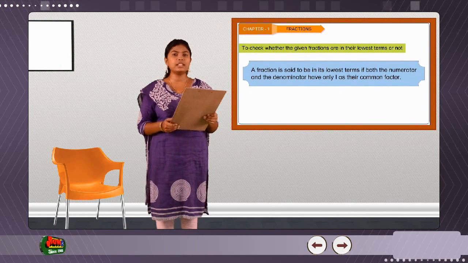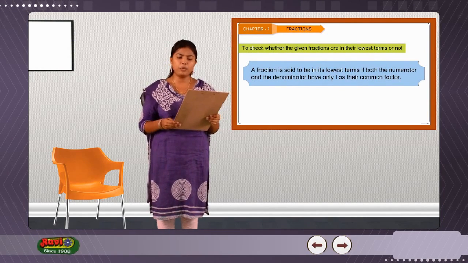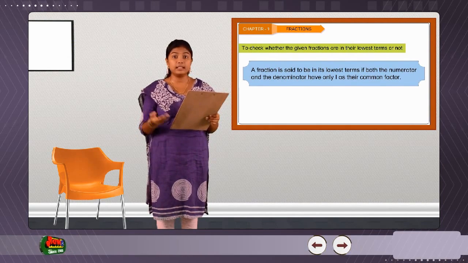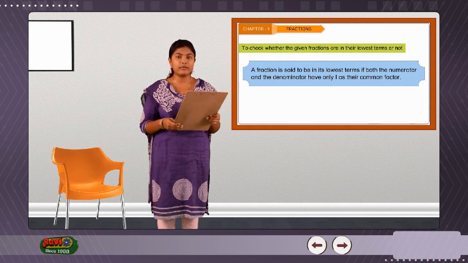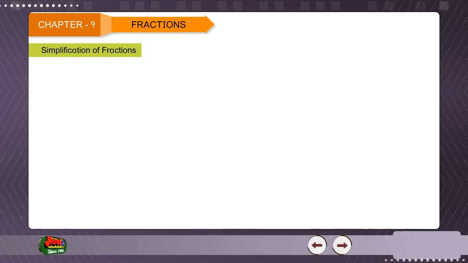A fraction is said to be in its lowest terms if both the numerator and the denominator have only 1 as their common factor. Simplification of fractions. Example: simplify 36 by 42.